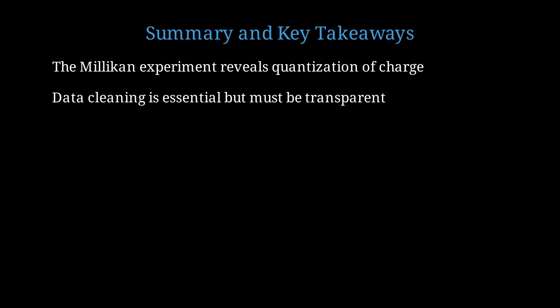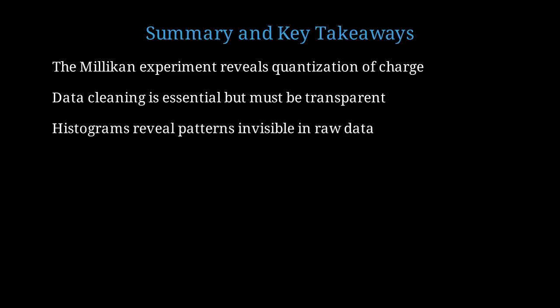Remove outliers systematically using statistical rules like 3 sigma, but always document what you removed and why. Scientific integrity demands transparency. Histograms are powerful tools for pattern recognition. They transform lists of numbers into visual structures where peaks and gaps become obvious. Choose bin widths carefully to balance detail and clarity.